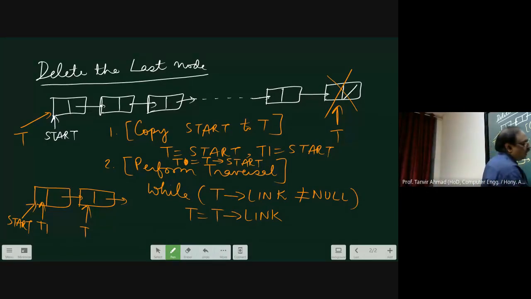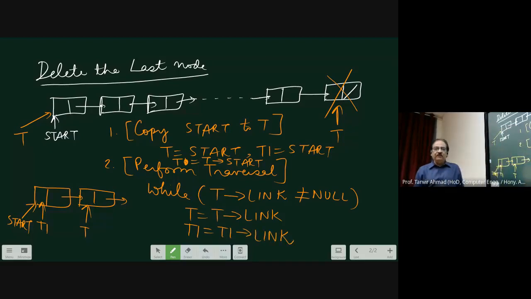Therefore, I will say T1 is equal to T1 of T. And this will keep on working. T1 will be one before T, because you already moved T over here. When T will come to the third node, T1 will be at the second node. When T will move to the fourth node, T1 will be at the third.